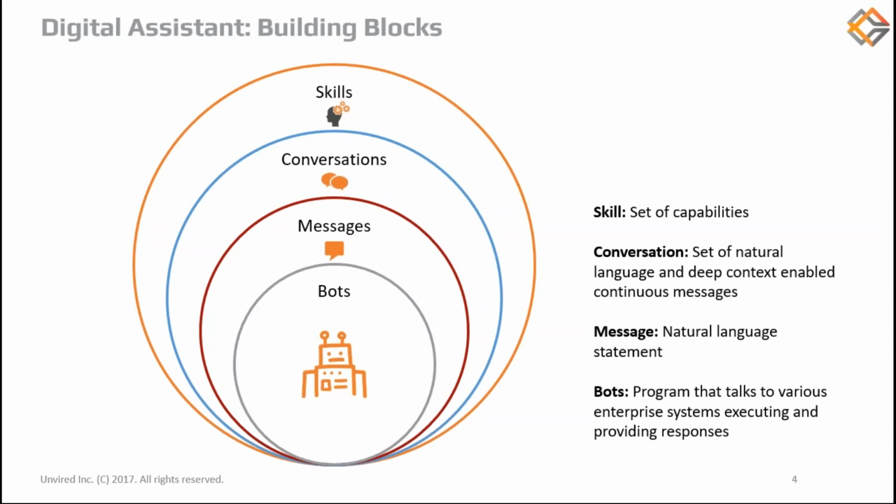Bots are programs in the background that are connecting to various enterprise systems, fulfillment systems, and executing and providing responses. So the digital assistant facilitates the conversation between the user on one side and the bots on the other side where required. So that is an overview of what a digital assistant is, what its building blocks are.